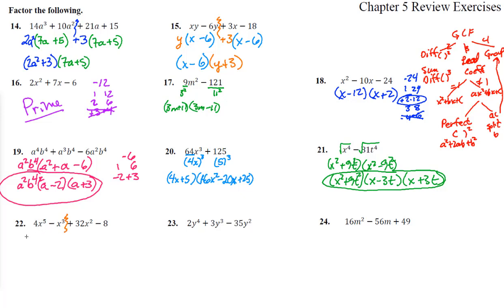We can take out an x cubed and we're left with 4x squared minus 1. And then on the second side, if we take out a plus 8, we're left with 4x squared minus 1. So if we take out the 4x squared minus 1, we're left with x cubed plus 8.